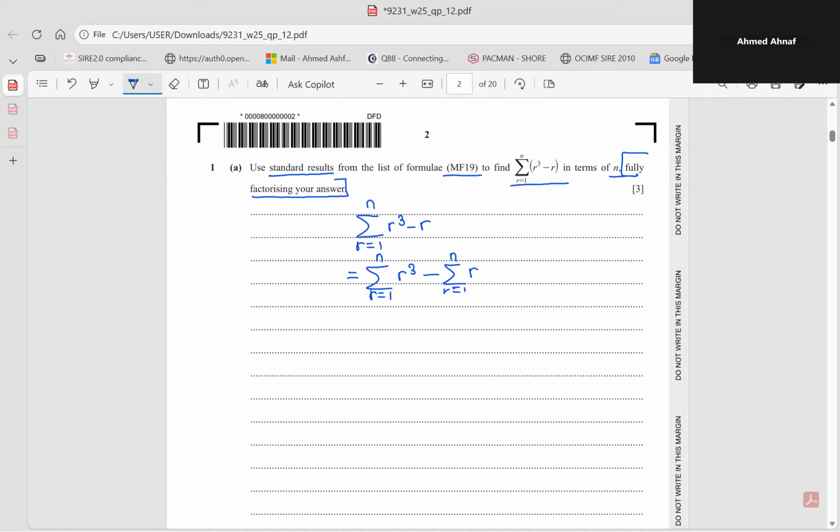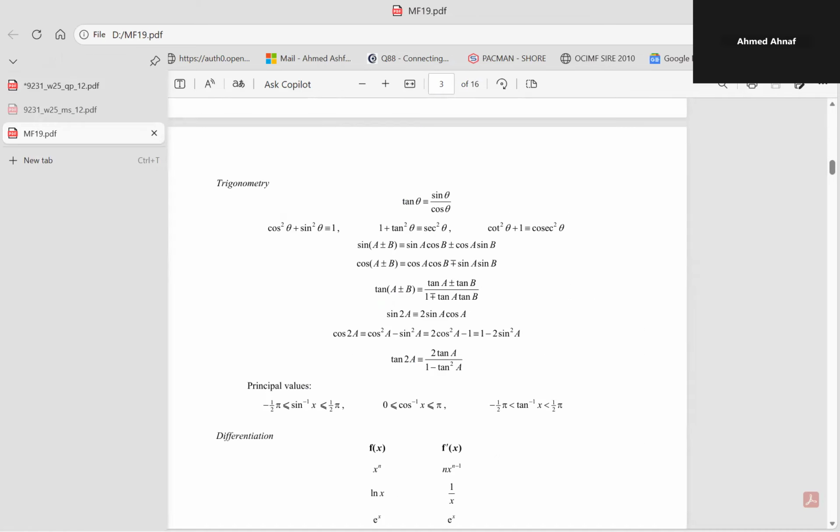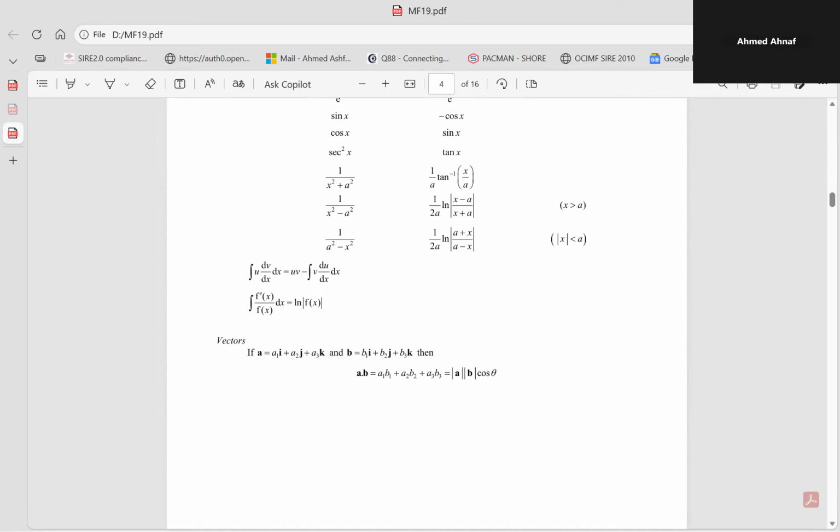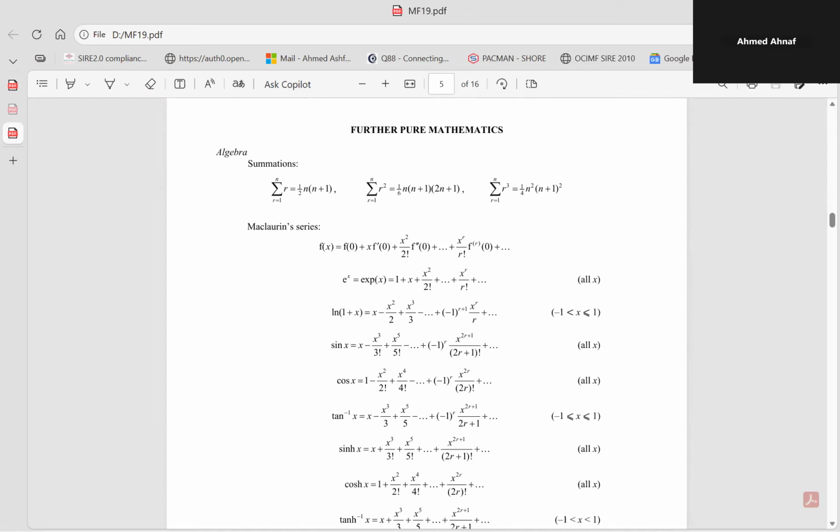Okay, so now we can start using the standard results for r cubed and r. So you go to your MF19, all the way to further pure maths. Yeah, so you can see it's the very first section. You can see you have all your summations here. So we're interested in this and this.